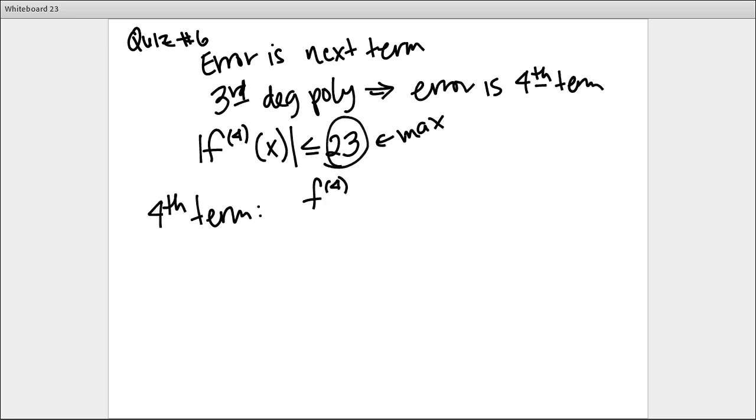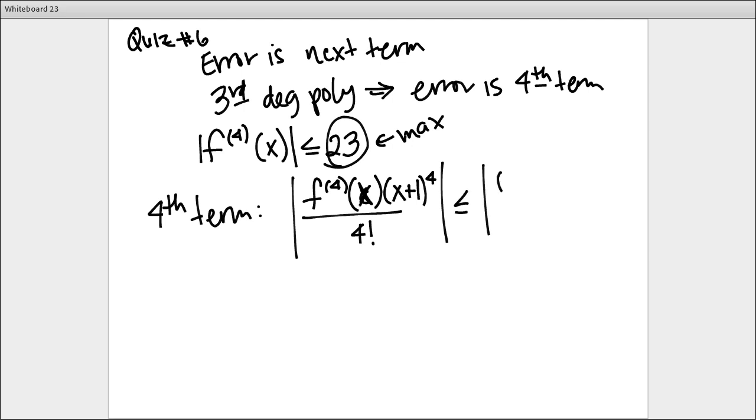And so your fourth term will be the fourth derivative evaluated at c, or I guess I'll just put x for right now. And then this guy was centered at -1, so it'll be x plus 1 to the fourth power, and then all over 4 factorial since it's the fourth part.